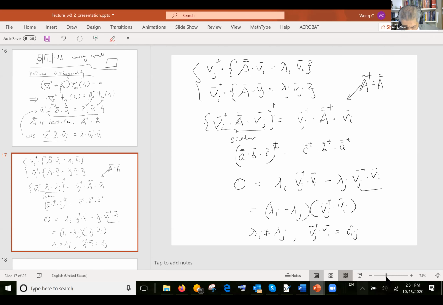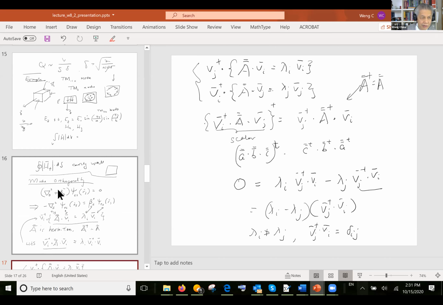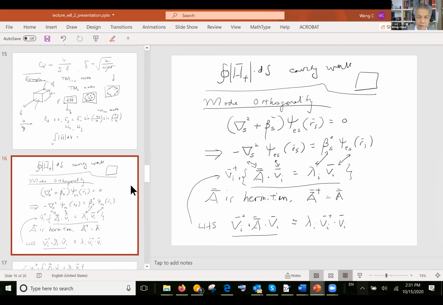The eigenvectors of a matrix system with Hermitian operators are always orthogonal, and hence you can prove quite easily that if this operator is Hermitian, all these eigenvalues will be real.